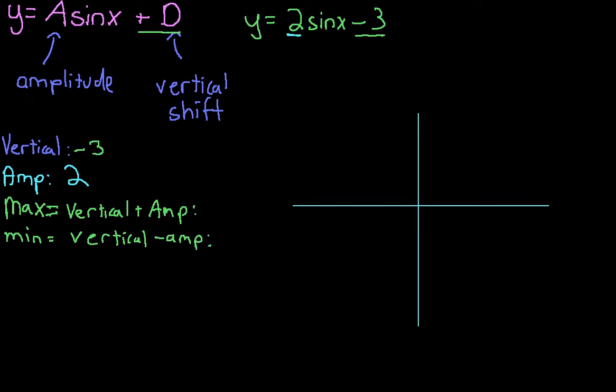In this particular problem, our vertical shift is negative 3 and our amplitude is 2. Therefore, our maximum is negative 3 plus 2, or negative 1. And what about our minimum? Our minimum is our vertical shift minus our amplitude, so negative 3 minus 2, which gives us negative 5.